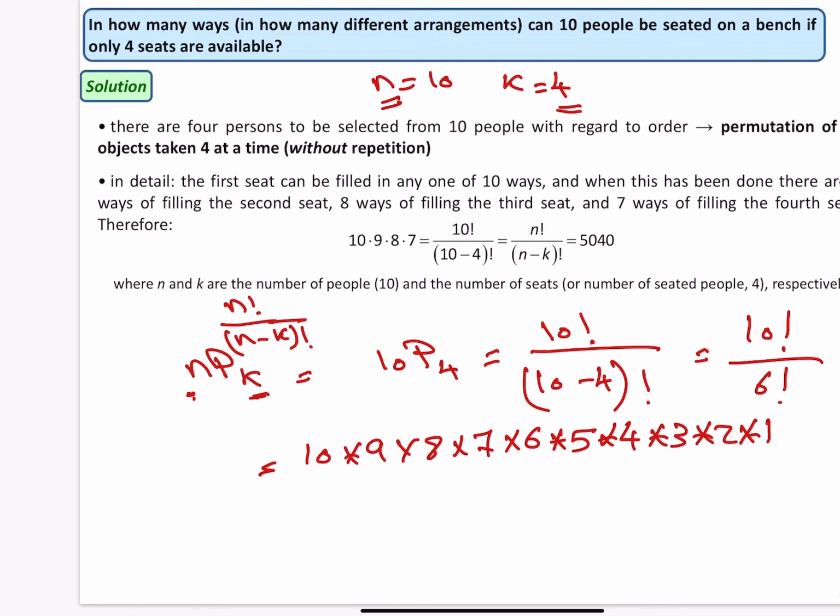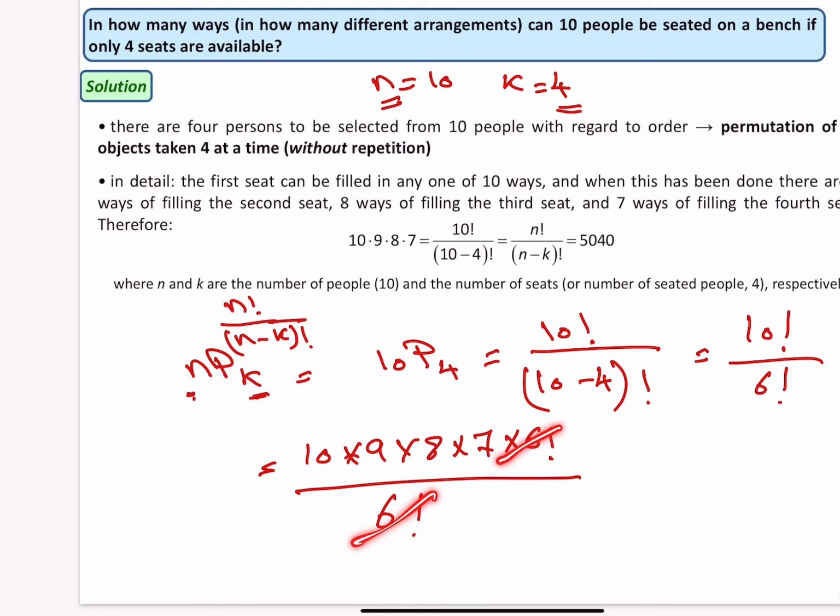No need to have all these things, because from 6 down to 1 it can be written as 6 factorial. So I can delete all this and write 6 factorial. Once I reach 6 factorial, I have to stop, so I can cancel it with the denominator.